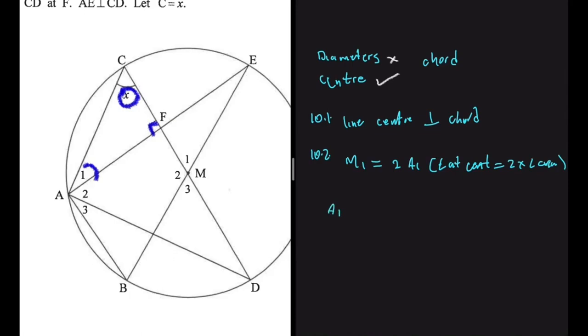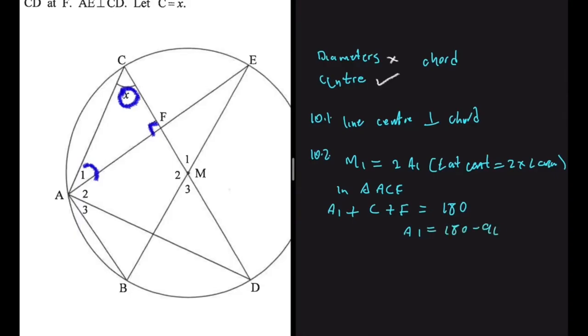A1 plus C plus F. This is in triangle ACF. This is equal to 180, right? Sum of angles in a triangle. So A1 will be equal to 180 minus F, which is 90, right?